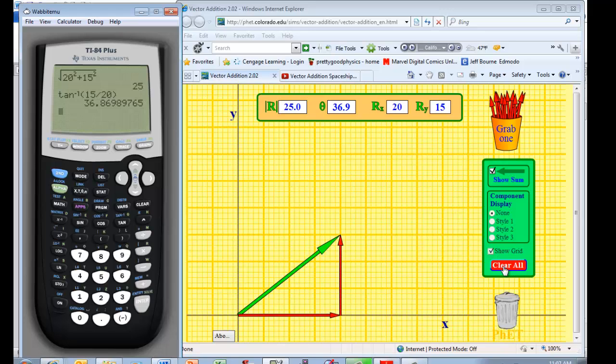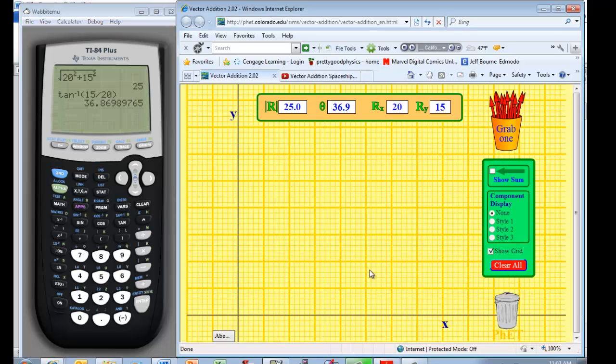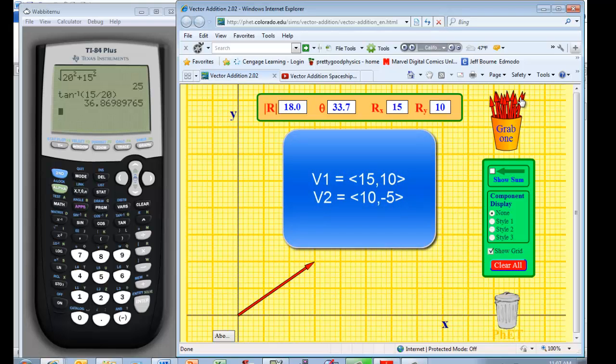All right, let's try something a little more involved. Let's grab another vector, and this time let's say this vector is 18 long at an angle of 33.7, or we could say it's 15 along the x and 10 up the y.